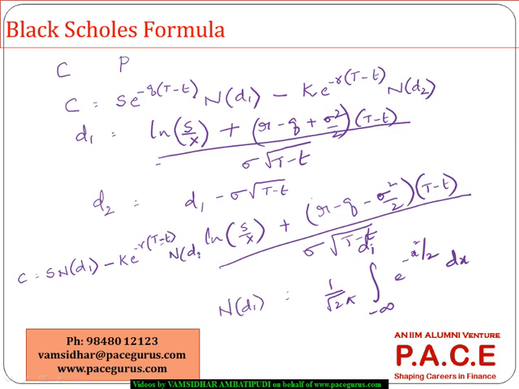That's the small modification that comes. And even in d1 I get log S by X plus r plus sigma squared by 2, into (T minus t), divided by sigma root (T minus t). I'll not have the q term at all. So that is the case in case the particular asset doesn't pay any kind of dividend.